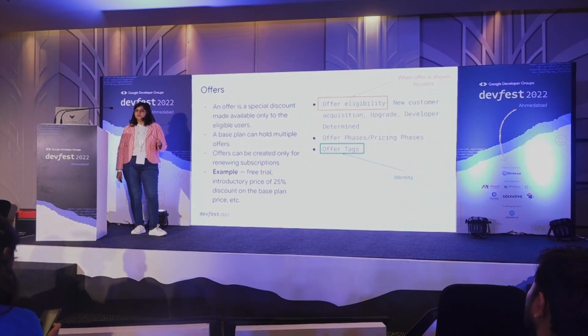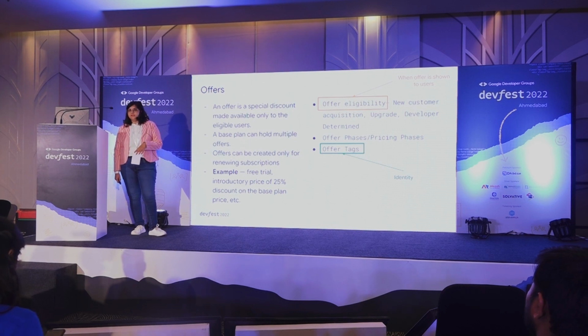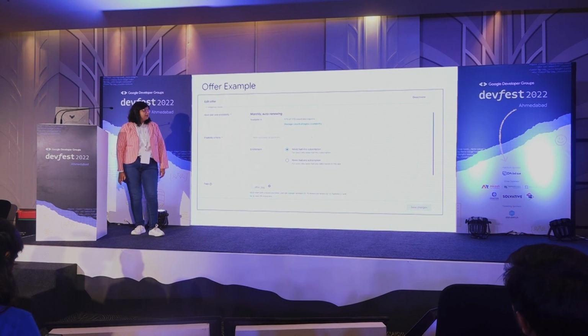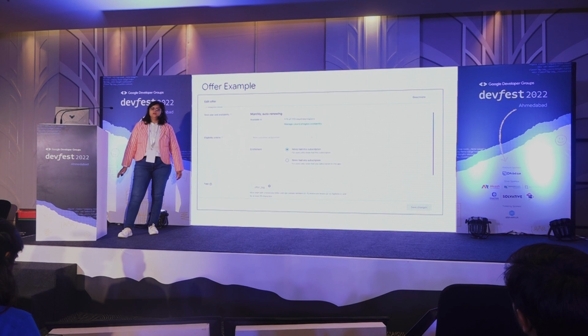Offer tags return not only the tags that are associated with that particular offer, but they also roll out the base plan tags with them, the base plan tags which we saw earlier in the slide. So this helps you identify the offers and roll out the offers accordingly to your users. This is a basic example of how an offer is structured in the Play console.